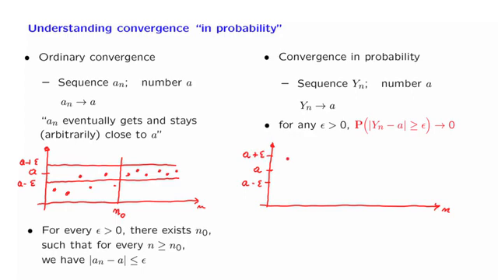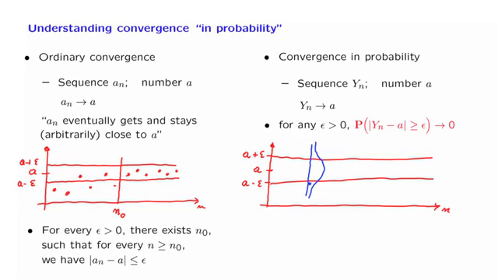For any fixed choice of epsilon, we take this band, and for any given n, we look into the probability that our random variable falls inside that band. So if I am to draw the distribution of our random variable, the distribution might be something like this.